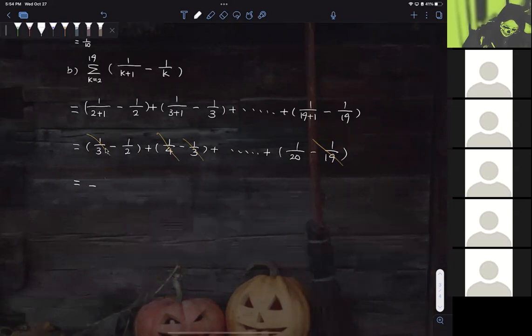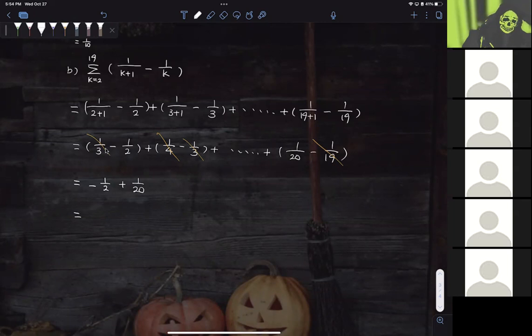We have minus 1 over 2 plus 1 over 20, which is what? What is this? Come on. Minus 9 over 20, exactly.